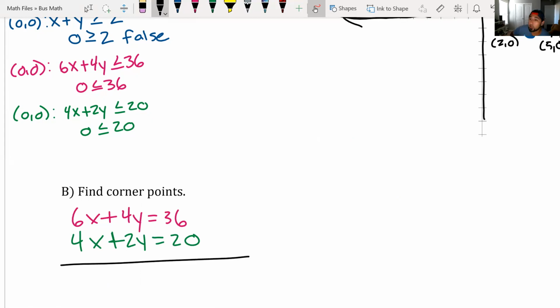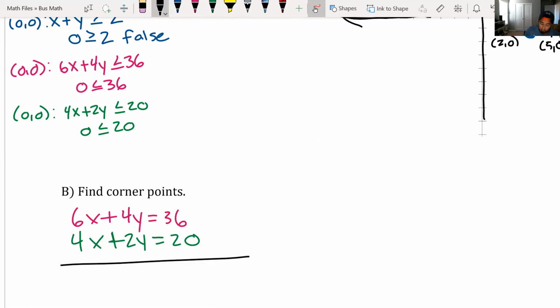Okay, let's find that corner point. And what's the easiest variable to get rid of? I'm going to say y, because y has a least common multiple smaller than the least common multiple for x's. So 6 and 4 have a multiple of 12. 4 and 2 have a multiple of 4.